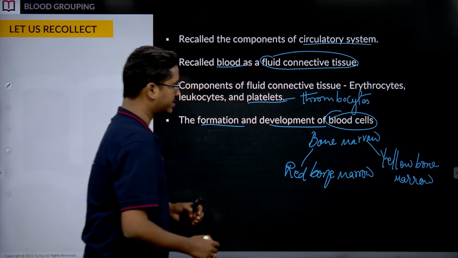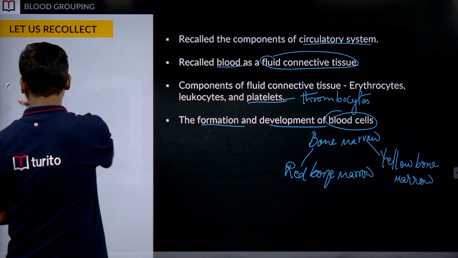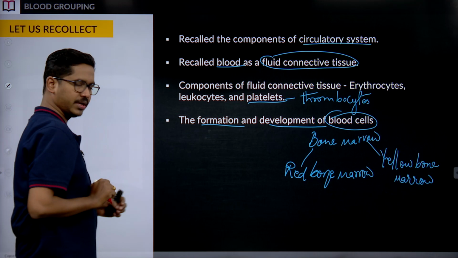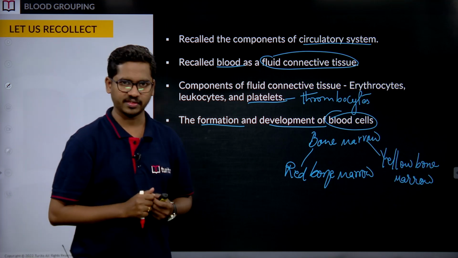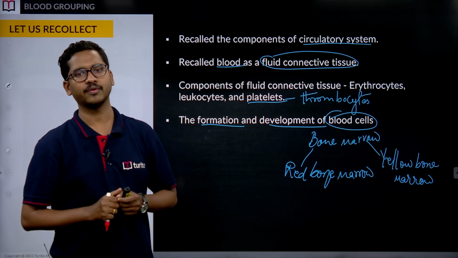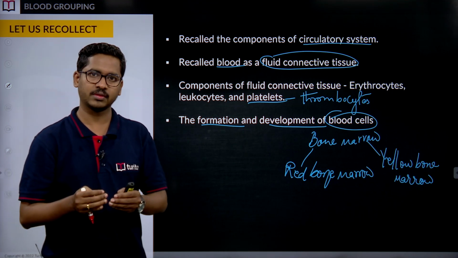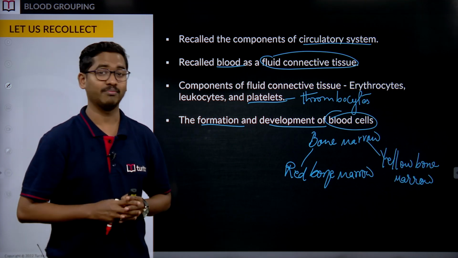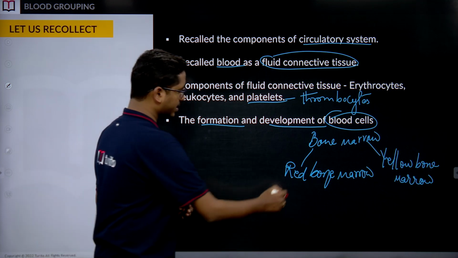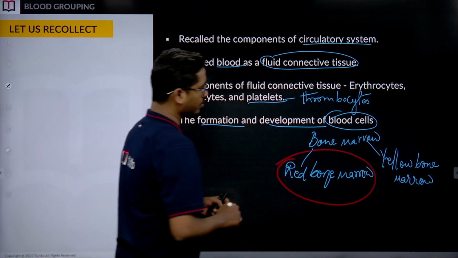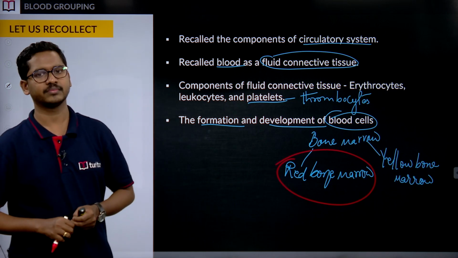Now we have to understand that the complete formation and development of blood, that is hematopoiesis, is the process of formation of blood, right. It includes formation as well as development of the blood cells, okay. That takes place in the red bone marrow.